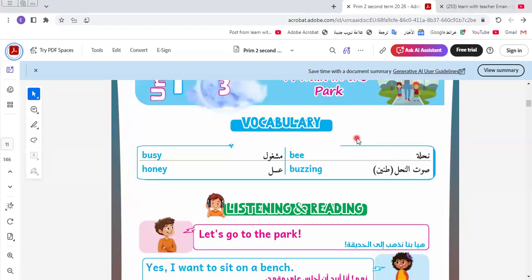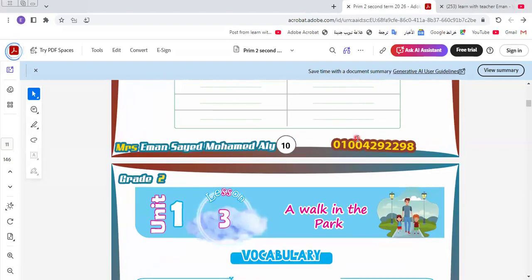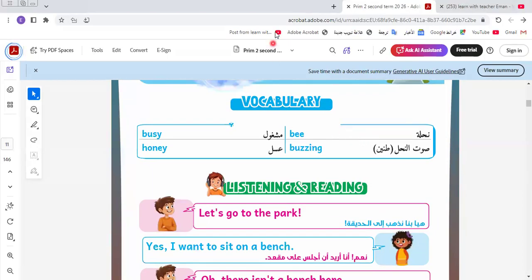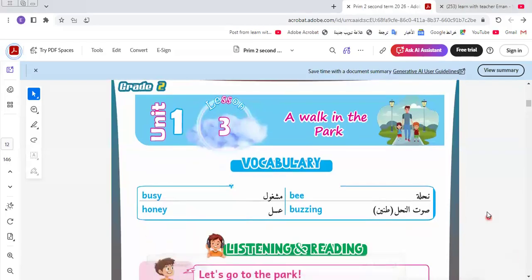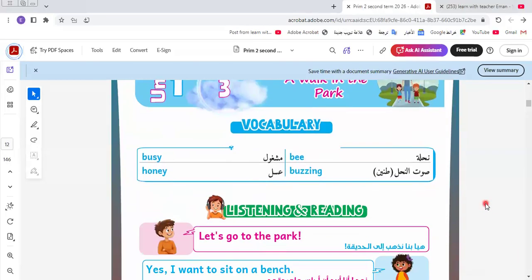Today we will go to lesson 3. In this lesson, we learn some vocab also, so the unit is full of vocab. We must trace this vocab and write it by yourself, as we have here in this booklet.